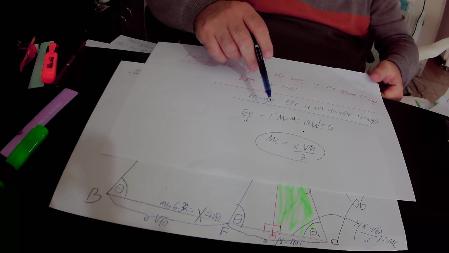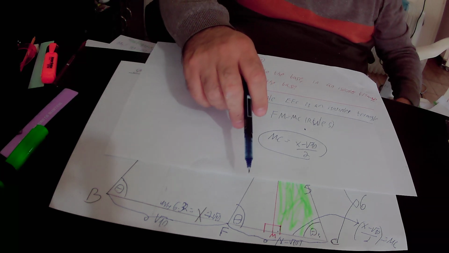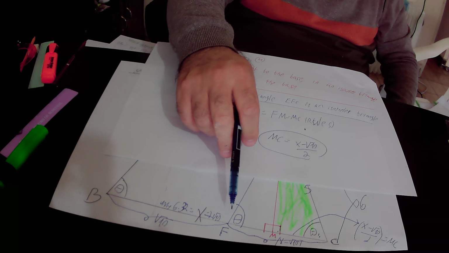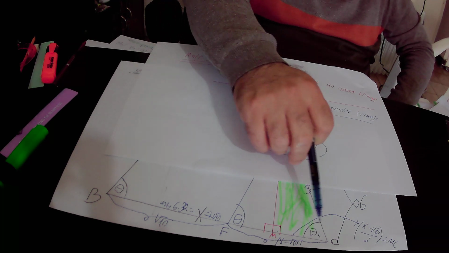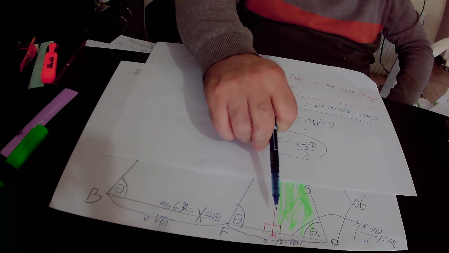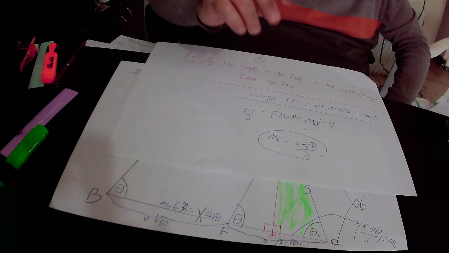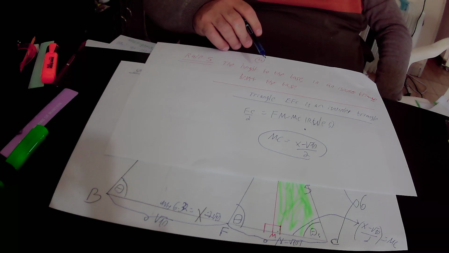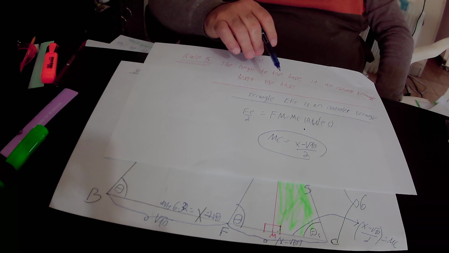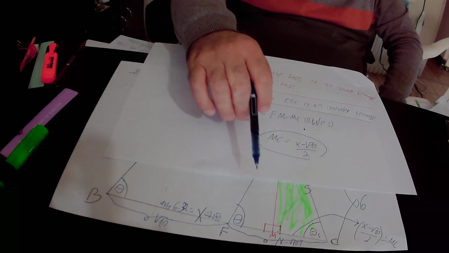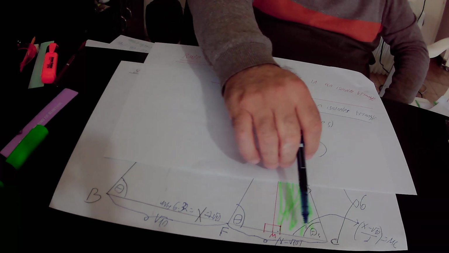And because it bisects the base into two equal parts, FC over 2 will be equal to MC, and it also will be equal to FM. So in conclusion, we found out that MC is equal to FC over 2.